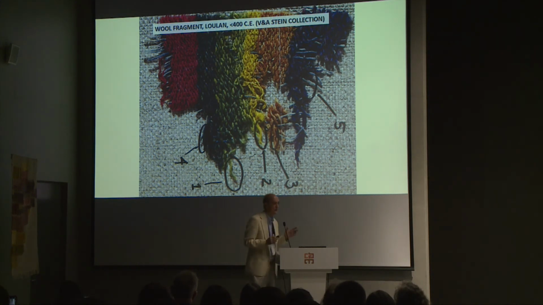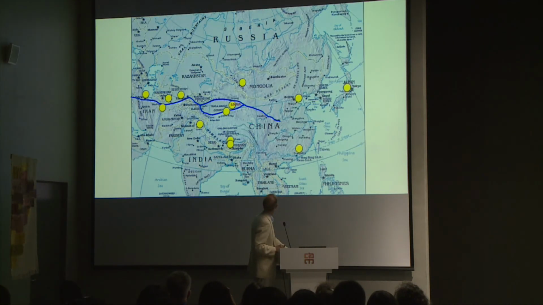Now, I showed that map of the three species of madder. We got a sample that was found at Loulan, which is in Xinjiang, and analyzed this purple. This purple is made from indigo plus, it turns out to be lac, which is an insect red. And so it came from here. And lac doesn't really grow in that part of the world, so it must have been brought in from someplace else.